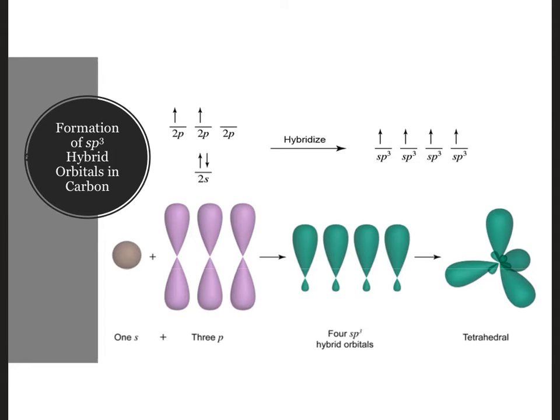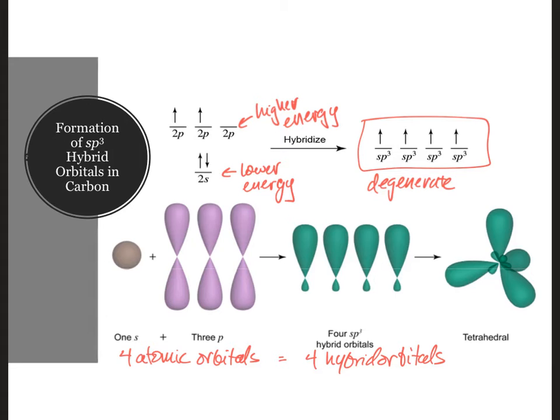In methane, CH4, we know carbon makes 4 equivalent single bonds with hydrogen atoms. To accomplish this, the 2s orbital hybridizes, or mixes with, all 3 2p orbitals on the carbon atom to form 4 identical sp3 hybrid orbitals, each half-filled with the same energy. Remember, orbitals with the same energy are called degenerate orbitals.